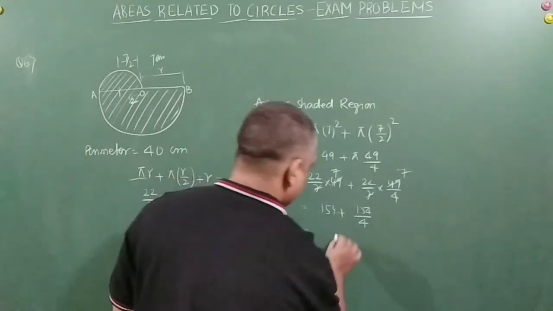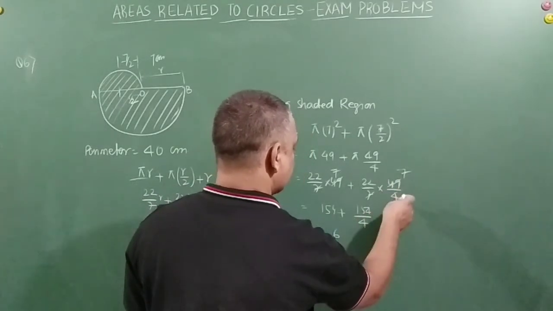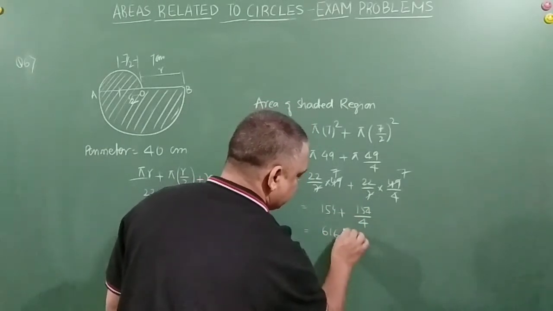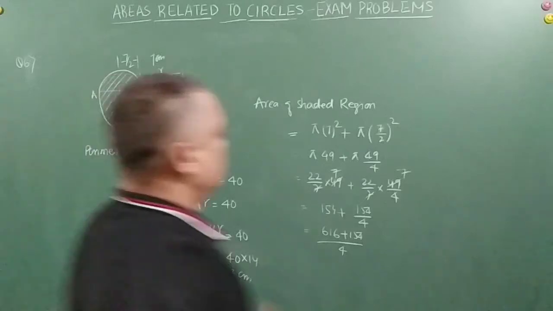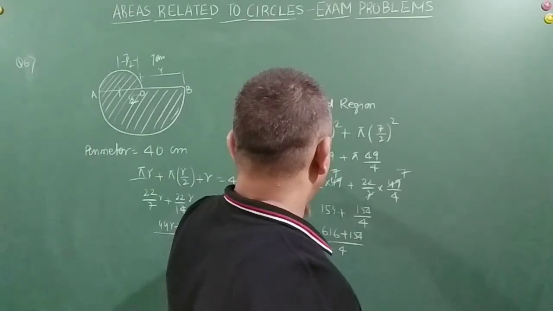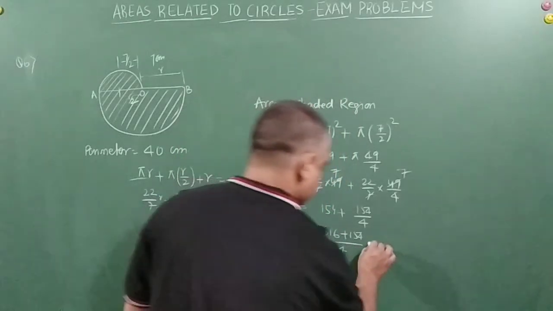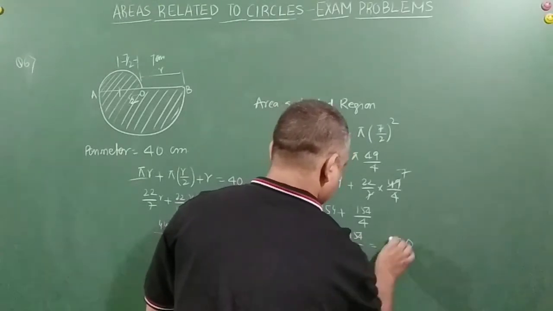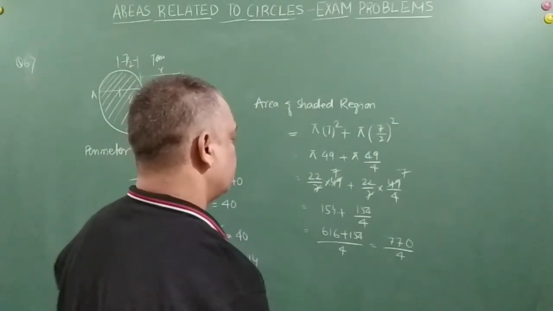So this is how much? We could have reduced it also, but it's okay since we have done it. 616 plus 154 by 4, right? So this becomes 49 by 4. So this is how much? 770 by 4. Okay.